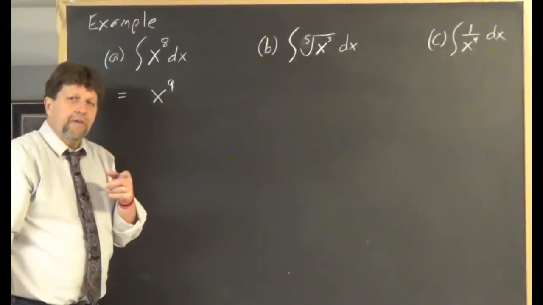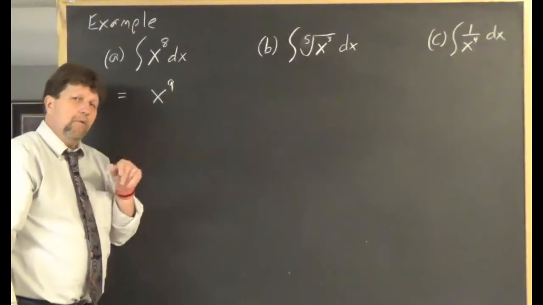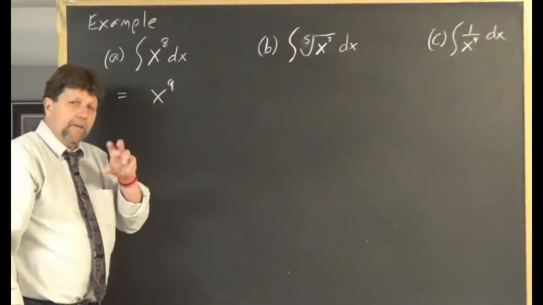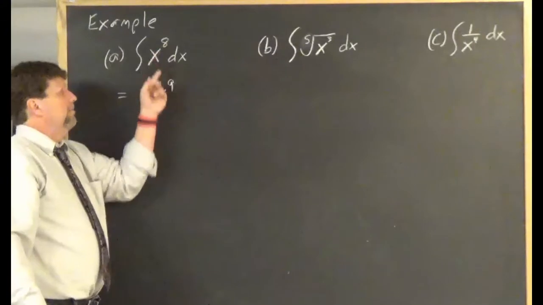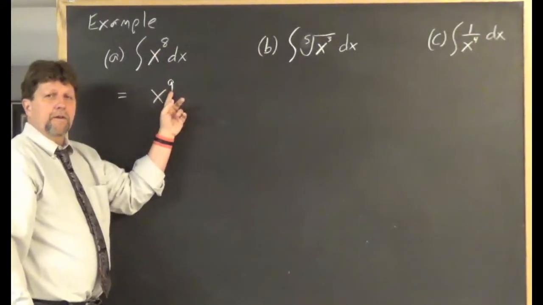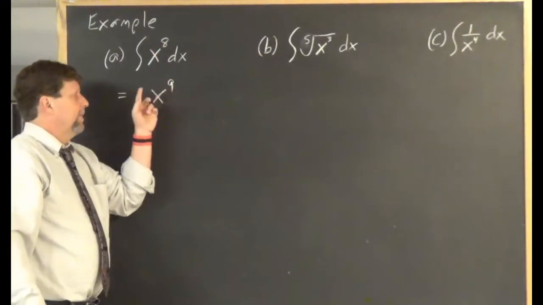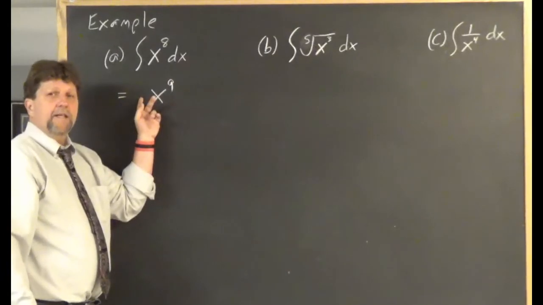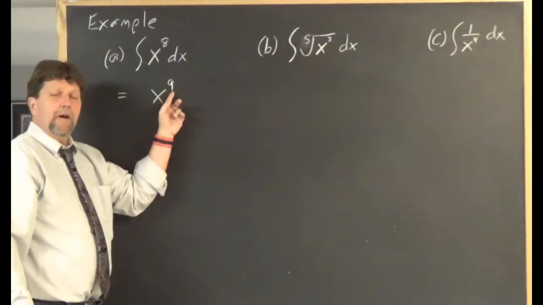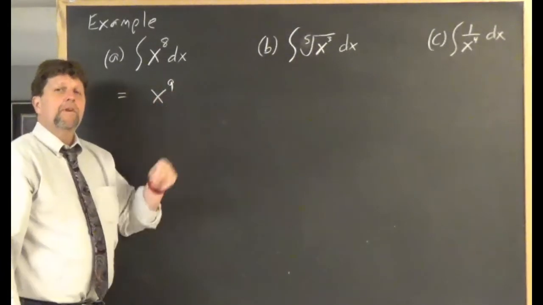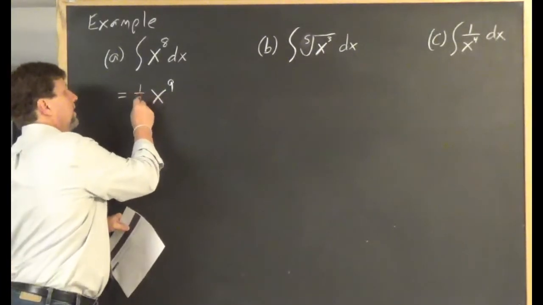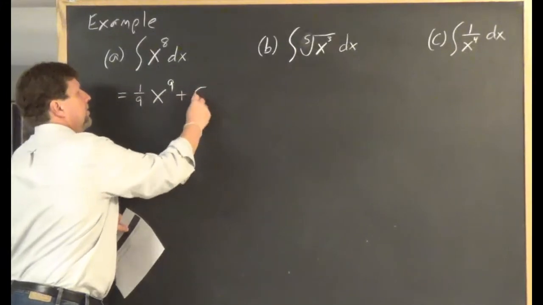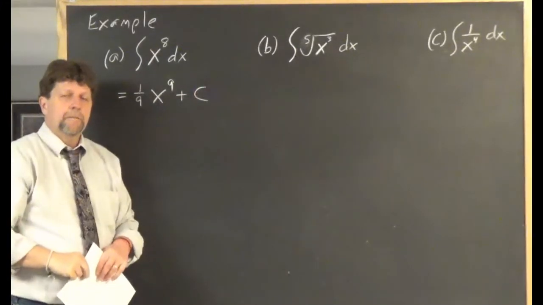Now in the formula for the power rule, you see that 1 over n plus 1. Here's how I do it. I get my new exponent first, which is 9. Then the little multiplier that goes out front is the reciprocal of the new exponent. So the reciprocal of 9 is 1/9.